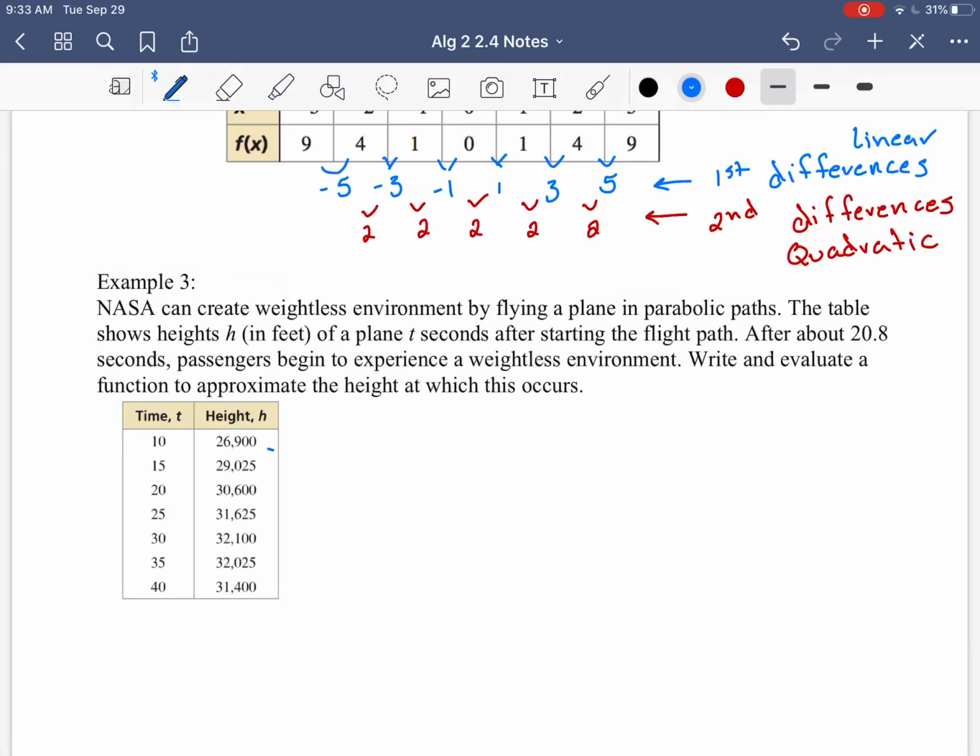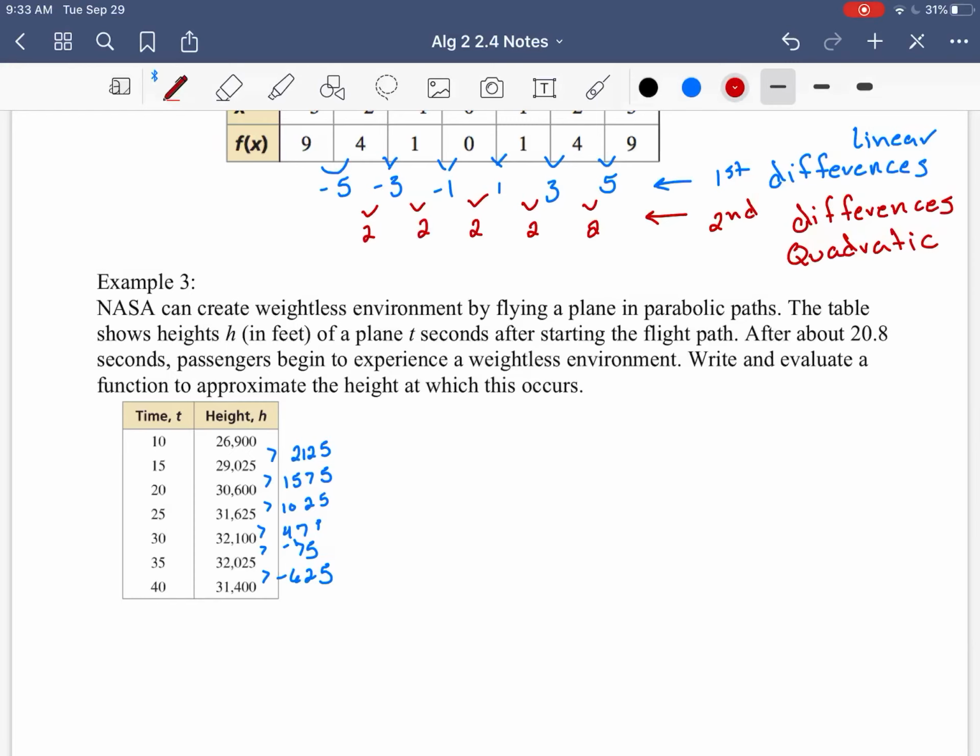So let's look at the first differences. If I subtract these two, I get 2125. If I subtract these two, we get 1575. So it looks as if first differences aren't going to work. These two is negative 75, and these two is negative 625. So first differences don't work.